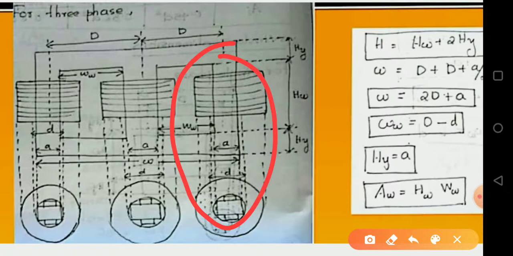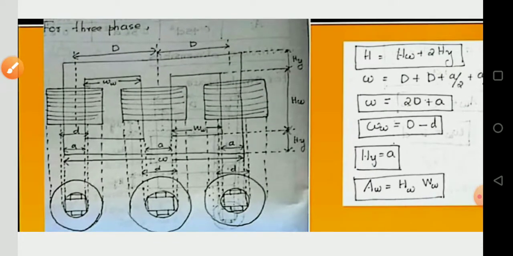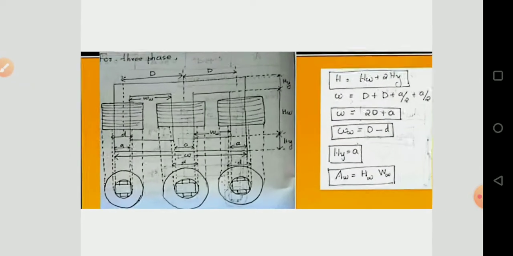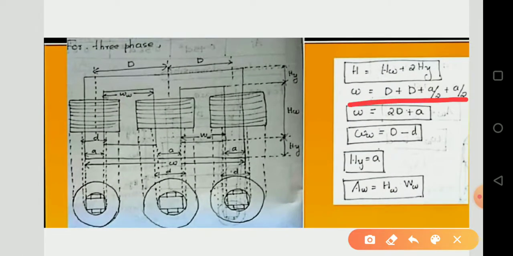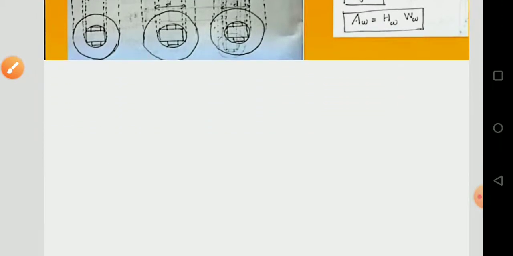Here all equations are similar to the one phase, but the equation of winding width is changed. Here the winding width is D plus D plus A by 2 plus A by 2. So the overall winding width is 2D plus A, and all equations are the same as the one phase.